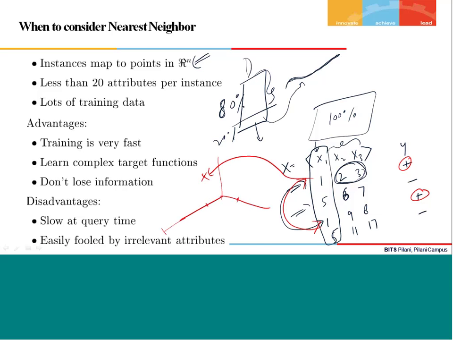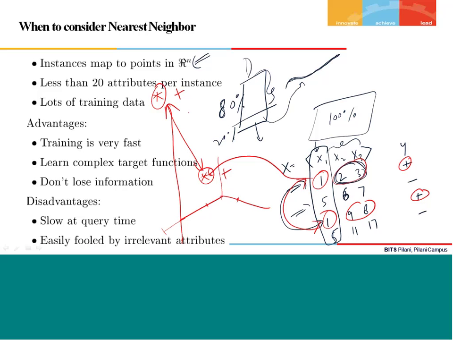So I go up to 9, and in the third dimension it is 8, so I go up vertically 8, and it will be somewhere here. These two points have the same labels, positive and positive. They should be near to each other because the relevant attribute is only X1. But when you plot with X2 and X3, you see that they lie very far from each other in this three-dimensional Euclidean space.